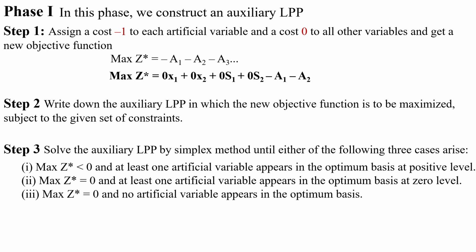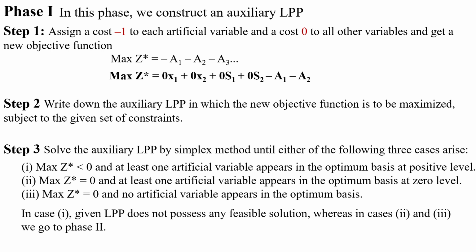Second condition: maximum z* value is 0 but at least one artificial variable appears in the basis at value 0. Third condition: maximum z* equals 0 but no artificial variable appears in the basis.